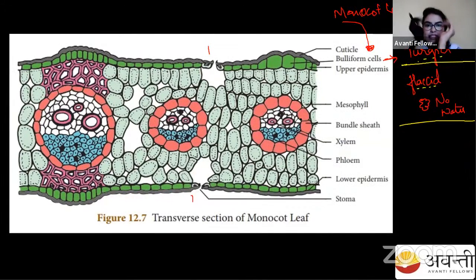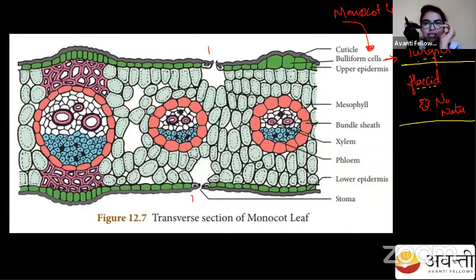It encircles the leaf so that it avoids transpiration. By making the cells flaccid, bulliform cells help in the folding of the leaf.